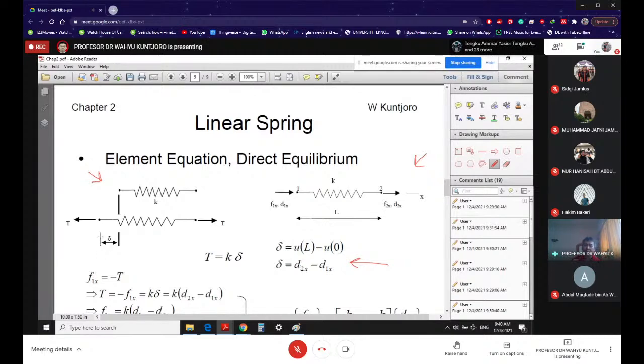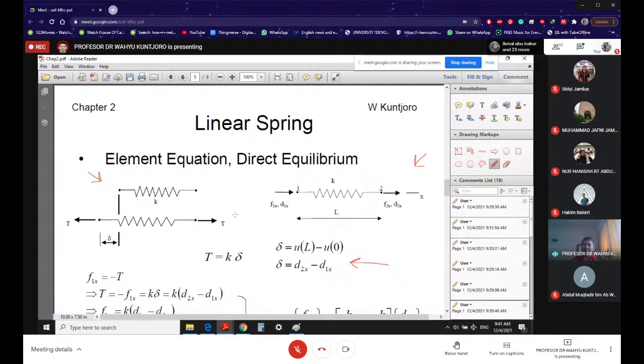You have two forces, T to the left, T to the right. Over here, you have F1x and F2x. I think you agree with me that this F2x is going to be that T, just by simple logic.